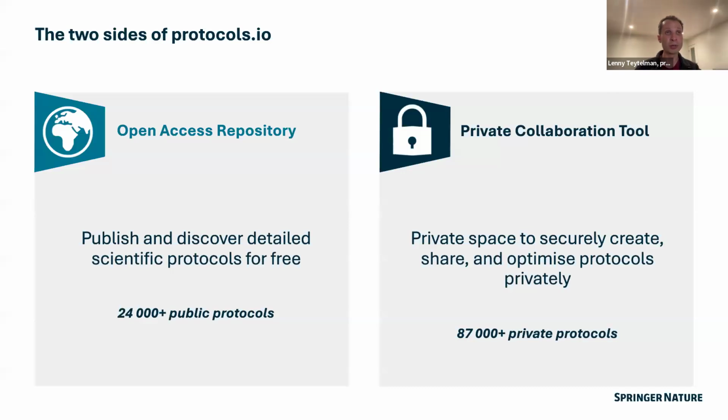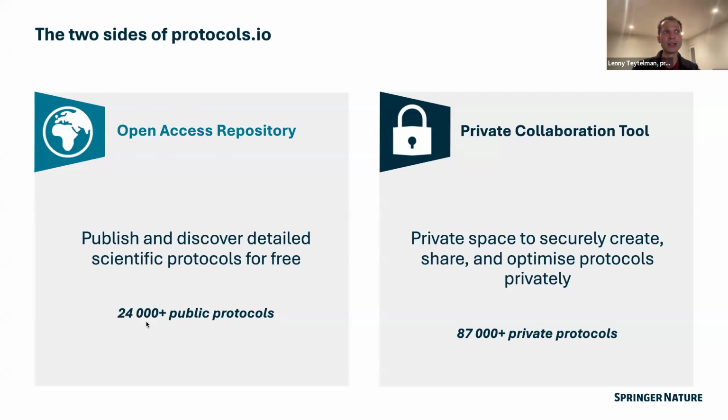For those who are new to the platform, there are two sides. We'll focus mostly on the open access, free to read and free to publish side. So this is a repository, a little bit like Wikipedia or Figshare or Zenodo. This is the repository side of Protocols.io.